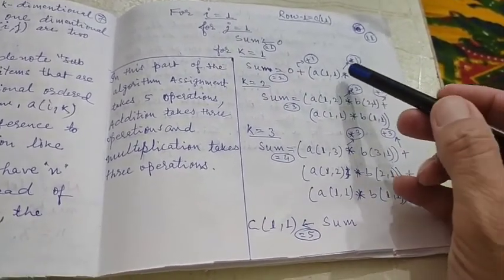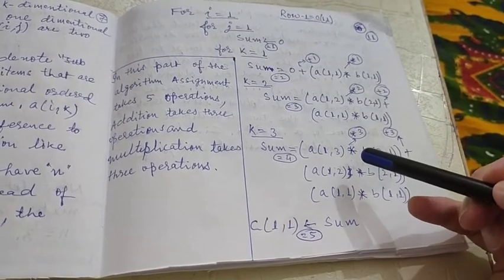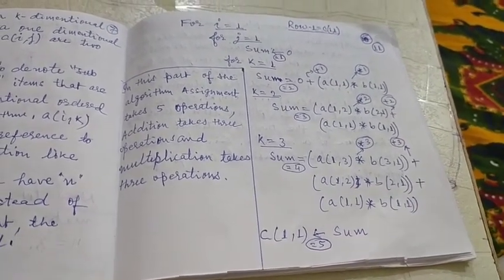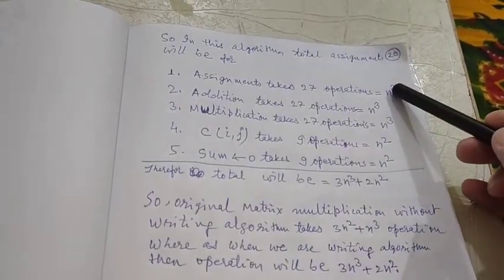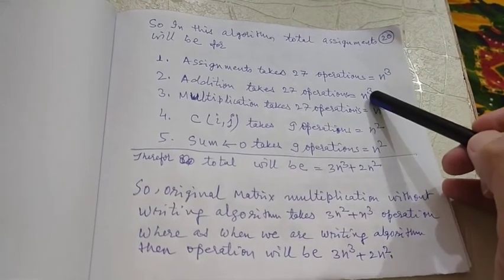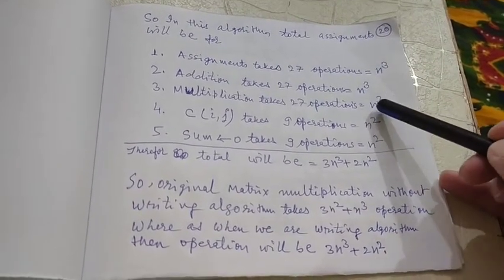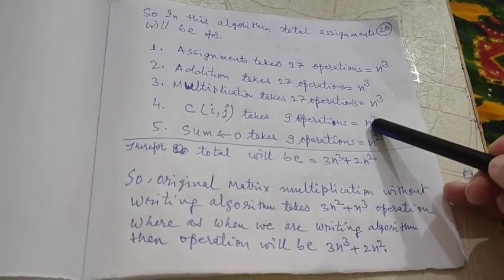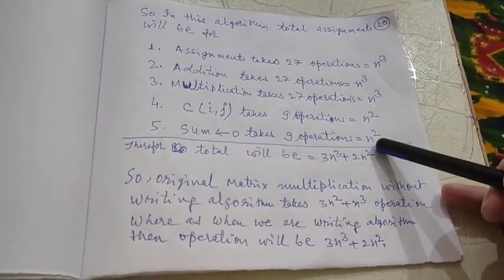Same way, 3 multiplications, 9 into 3 is 27 multiplications. So again, assignments n cube, addition n cube, multiplication n cube, Cij n square, sum n square.